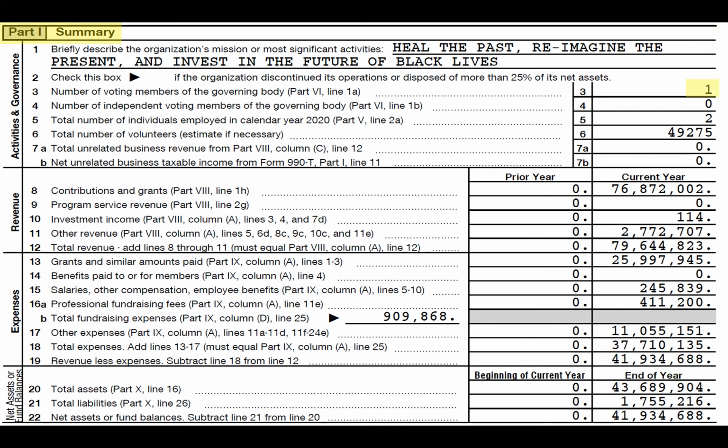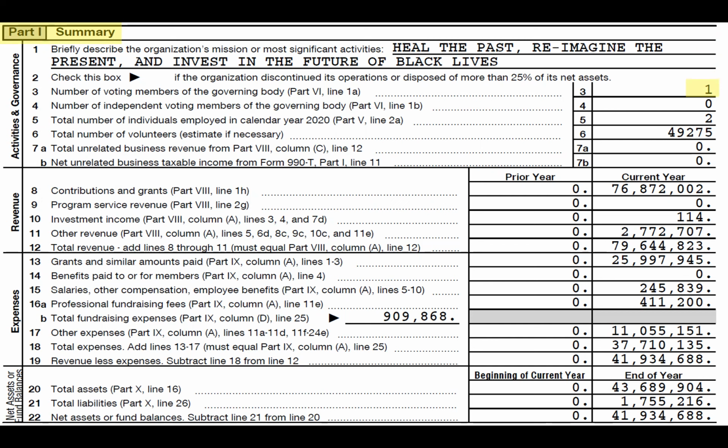The first red flag I've identified is from line number 3. Line number 3 says number of voting members of the governing body. And this is referenced again in Part 6, line 1A. But here it says 1 voting member.